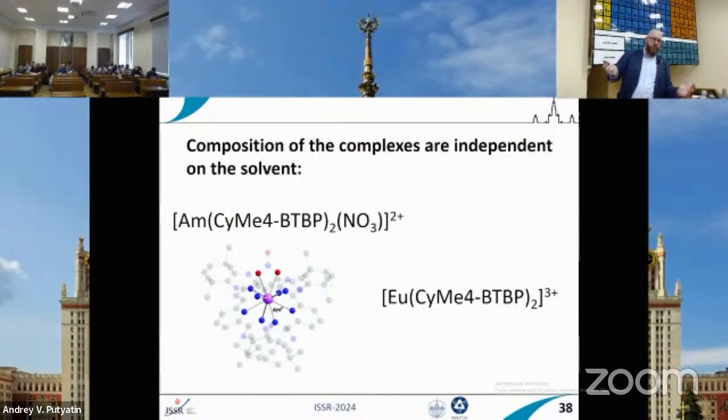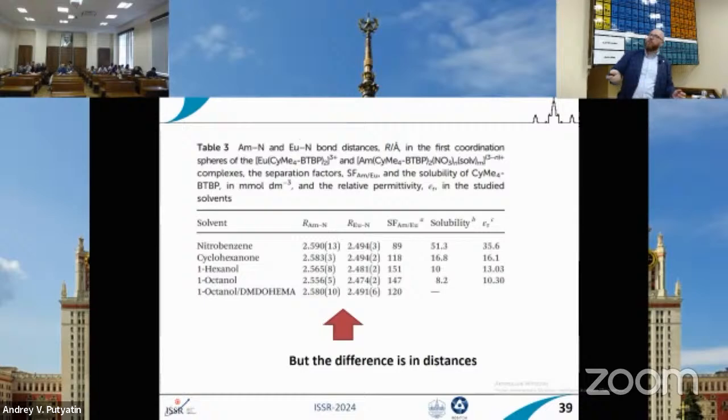But still, what was the difference between the solvents? And the difference was in the distances between the cation, americium or europium, and the organic extractant molecule.